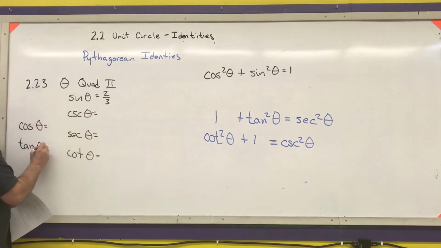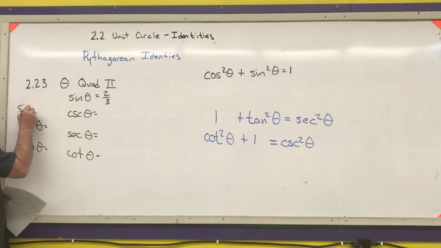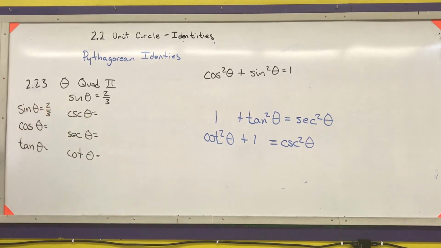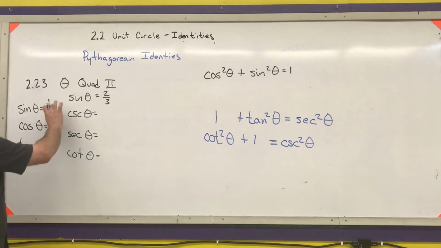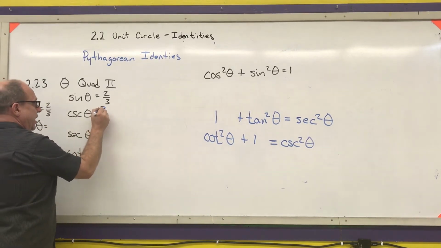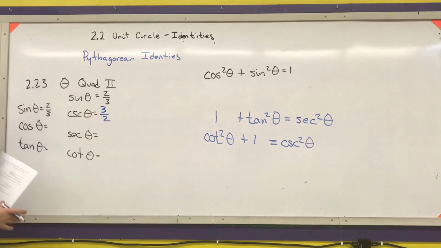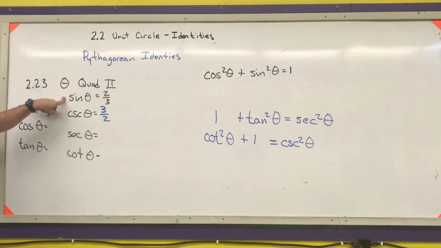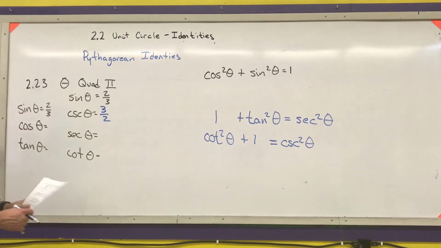The easiest one to get is the cosecant of theta. By using my reciprocal identity, all I have to do to get cosecant of theta is take the reciprocal of sine, which would be 3/2. Okay, now I'm going to use the pieces of information that I have here with a quadrant 2 angle to come up with cosine.